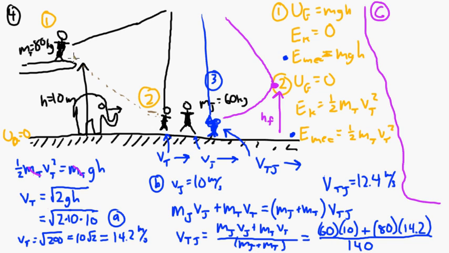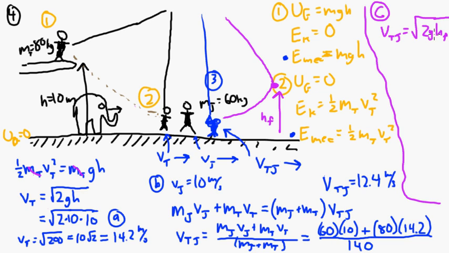So if there's this much kinetic energy down here, then it's going to translate into potential energy up here, and the math is all going to work out the same. So it's still going to work out that VTJ equals square root of 2g times h final. Okay, this is just taking their speed here and translating into how high they get. So now we need to solve for h final is the only difference. But that's easy. Square both sides.